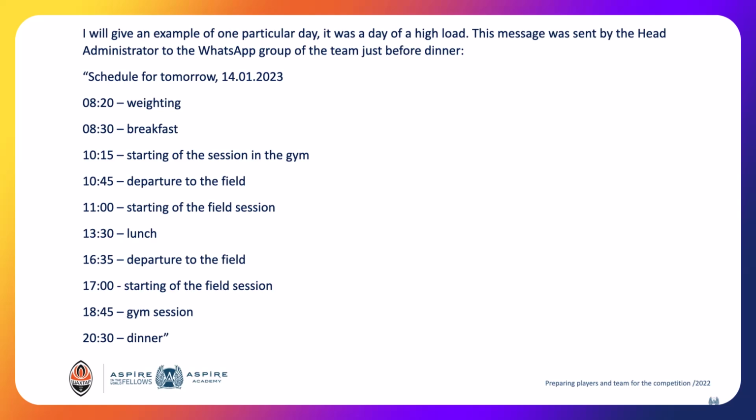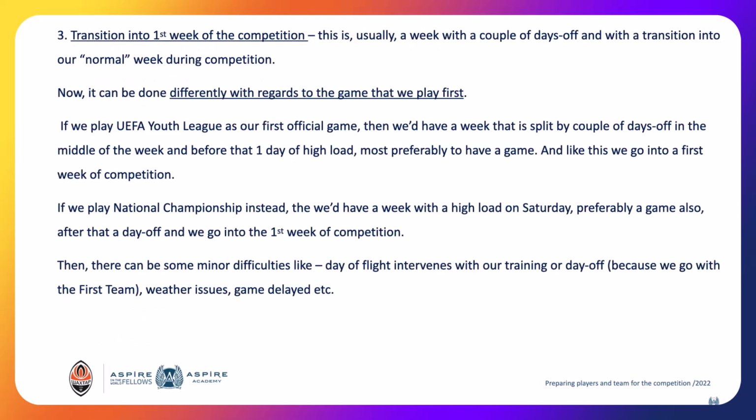So let's see what the preparation of under 19 is. The slides and the text are more than clear and more than informative, in my opinion. So what I want to add is that the usual situation is that we gather everyone in Kiev and we train a couple of days in our base near Kiev, and only then we are scheduled to go abroad for the camp.